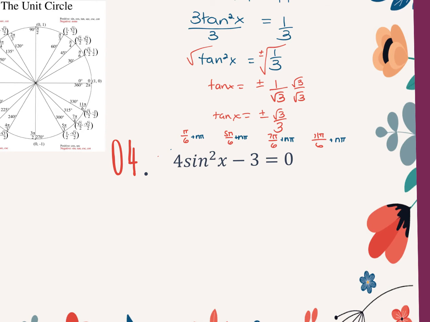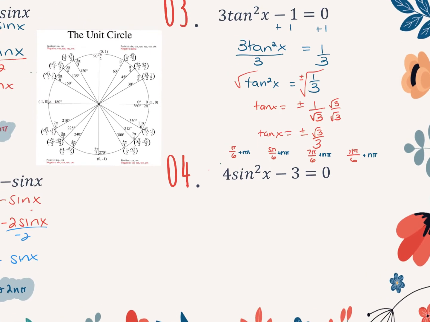Now think about what we've just done. We just said this one plus half the circle, which is 7 pi over 6. So we actually don't need the 7 pi over 6 because you're already saying it by saying pi over 6 plus n pi, since tangent happens every half circle.